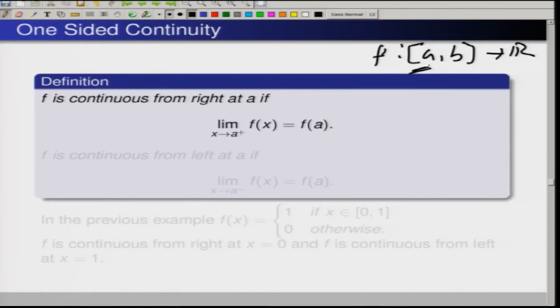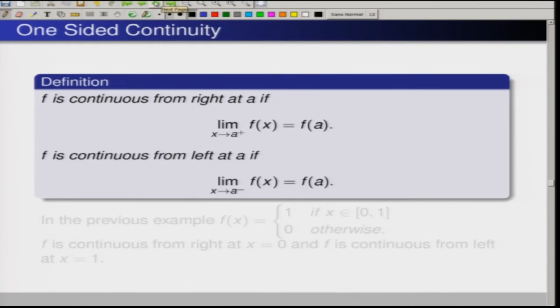In order to do that, our f must be defined on a minus delta to a plus delta, but it is not defined here; it is defined from a to a plus delta. So, like the right hand limit, or in this case the left hand limit, we can talk of the right hand and left hand limit. So, in that case what happens to the continuity? This is one sided continuity.